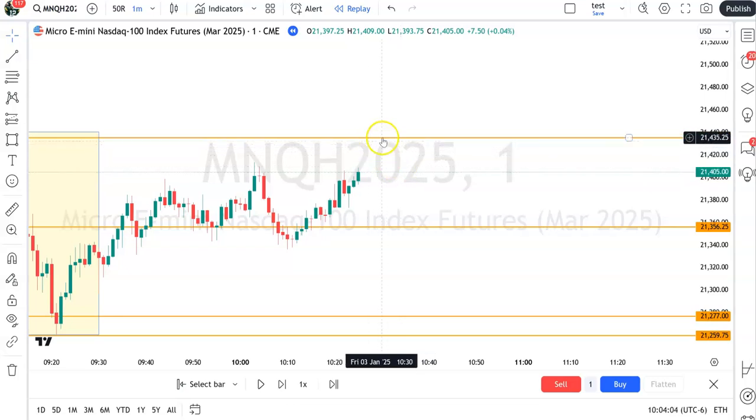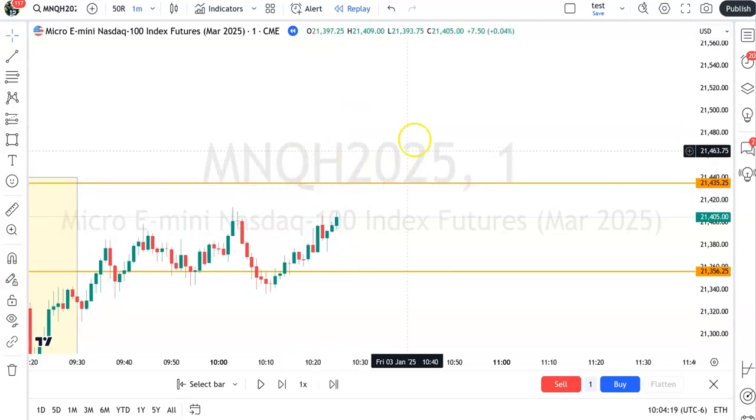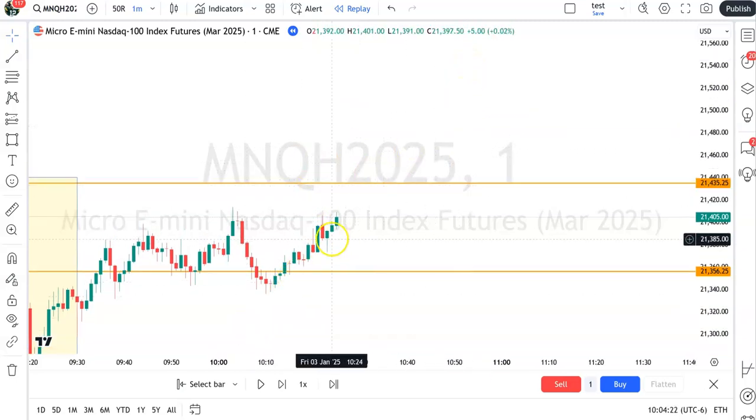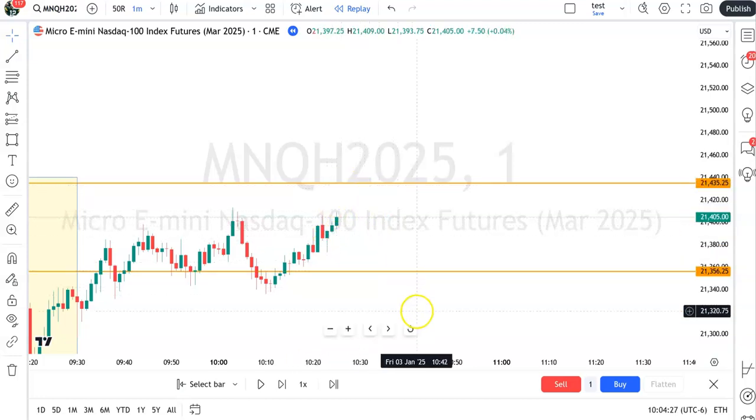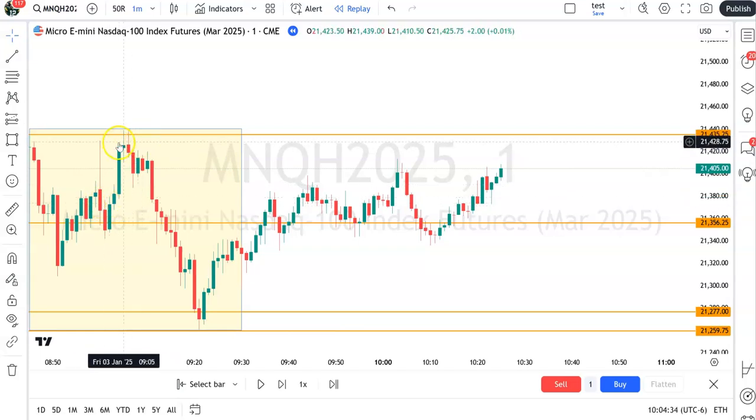Now what we're looking for is a piercing of this upper level, a retest, or is it just going to go up? So what we're thinking probably at this point is we're looking for a setup to get into a long position right now. Unless it hits here and bounces back, then we may consider a short, like it did earlier here: test, it gets rejected, and then we'll come all the way down to the range and maybe continue.